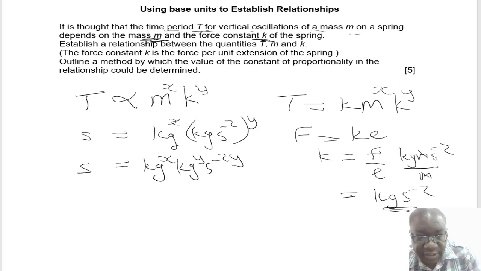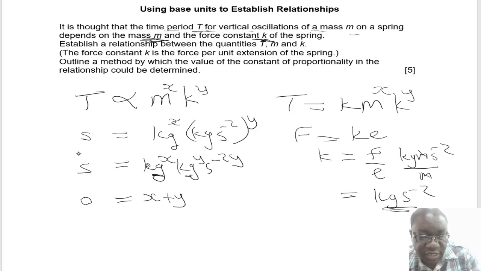Now comparing units on the left hand side and right hand side. On the left hand side we do not have kg, so for the units of kg on the left hand side we just put a 0 there. So this is equal to x plus y, because the units of kg on the right hand side are raised to the power x and the power y, so we just add them.